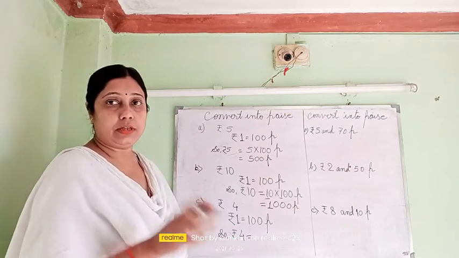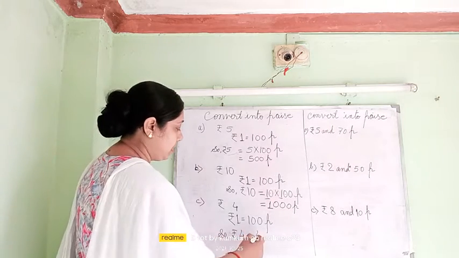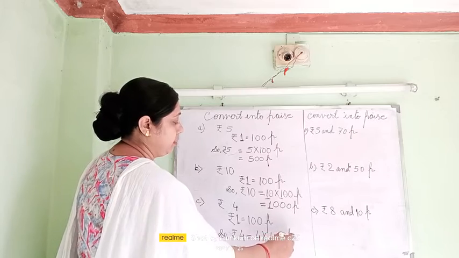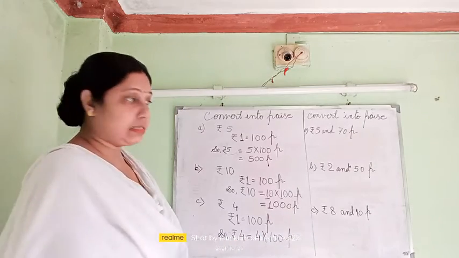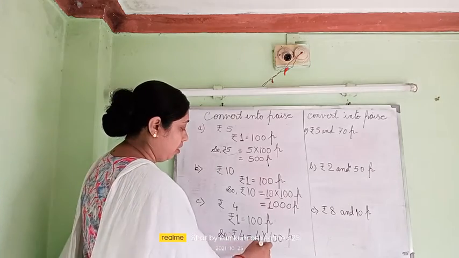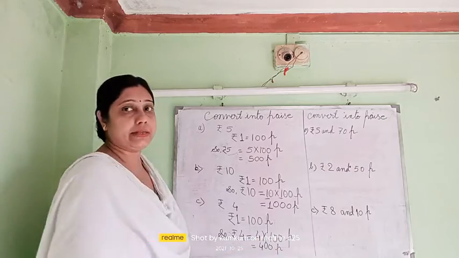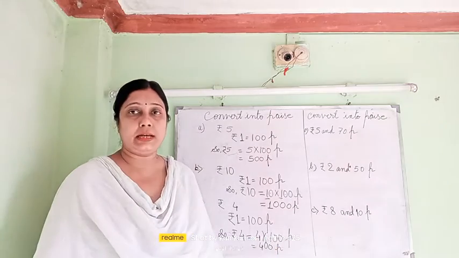Don't forget to put the rupee sign first and then write the digit 4. Then 4 into 100 paise. So 4 into 100 paise is how much? 400 paise. So 4 rupees has 400 paise.